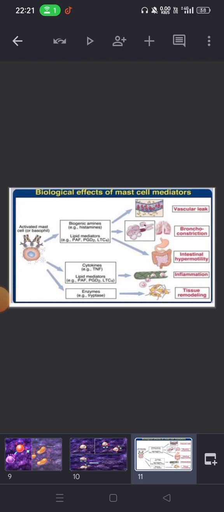Activated mast cells are also known as basophil cells. Basophil cells cause biological effects on different organs like vascular leak, bronchial constriction, intestinal hypermotility, inflammation and tissue remodeling, in which different types of enzymes help.